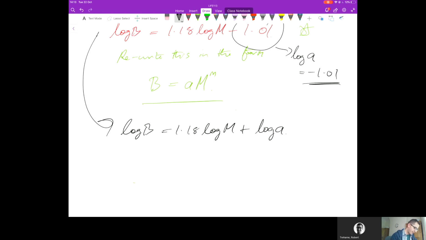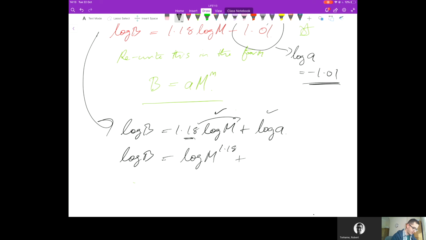What else can I do with this equation? What other rules can I throw at it? Well, I would like to combine these two, but I can't because I've got a factor here. But I know another rule that means I could take this up to the index of the big M. Let's do that. Log B is equal to log of big M to the power 1.18.